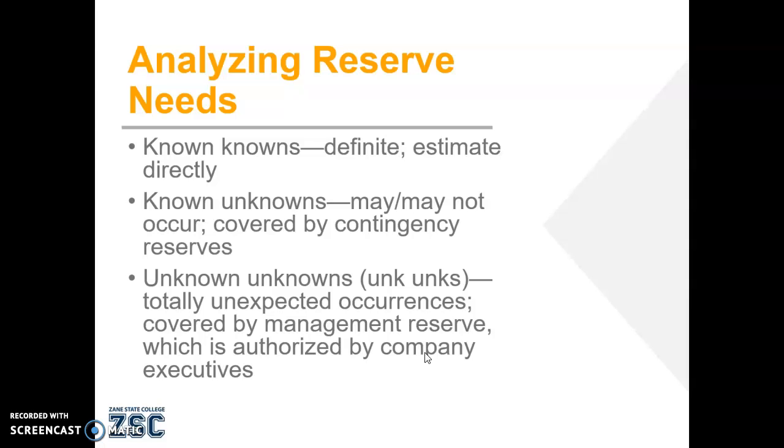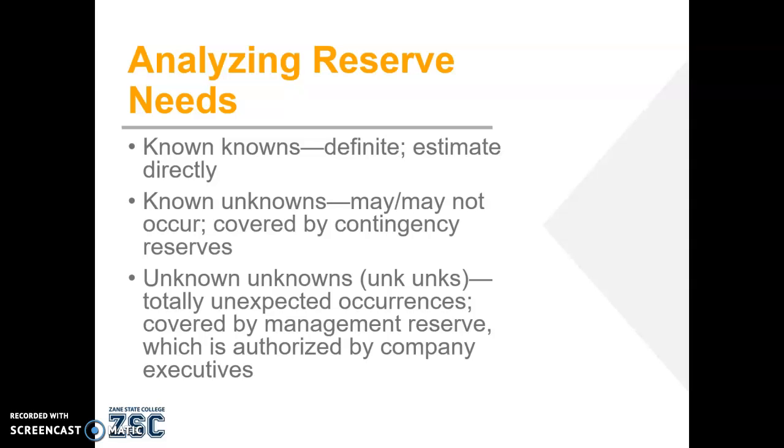And then the last type of category here are the unknown unknowns, or unk-unks, as the author refers to them. These are things that are completely unpredictable, things that we would have no way of predicting would occur. But that doesn't mean we shouldn't prepare for them. So that's what the management reserve is used for.